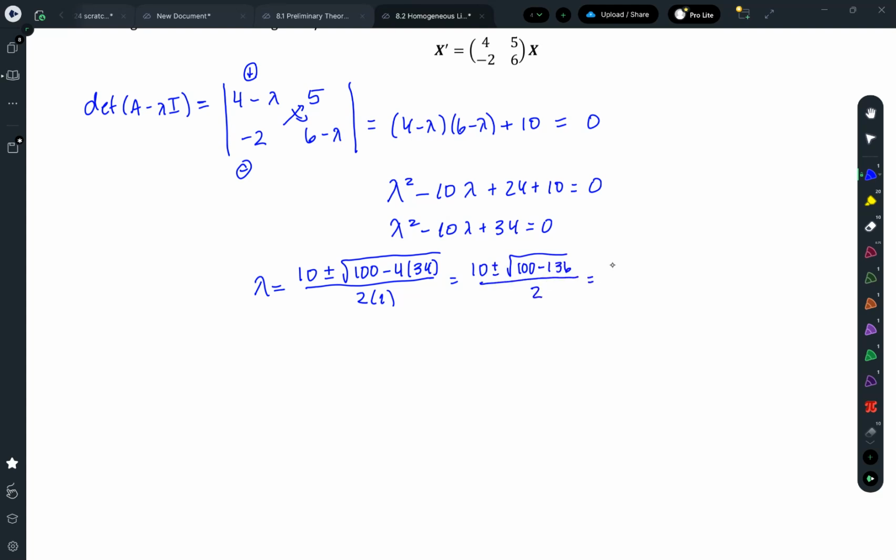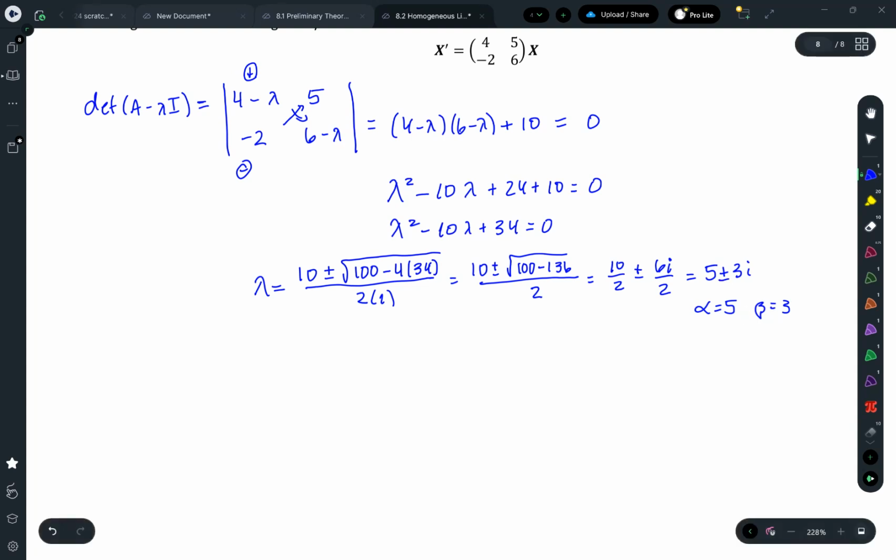And this gives me 10 over 2 plus or minus. Looks like I get a negative 36 under the square root. And the square root of negative 36 is 6i. And then that's over 2. So this simplifies to be 5 plus or minus 3i. Alpha is 5 and beta is 3. And I've lost my minus. There we go. Make my beta a little bit nicer to look at.